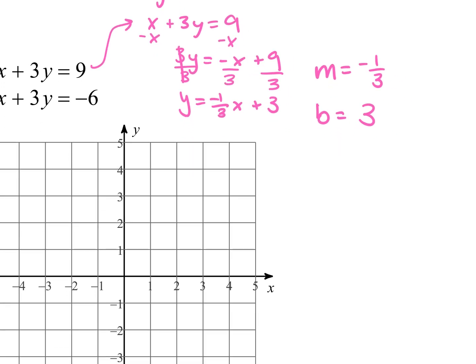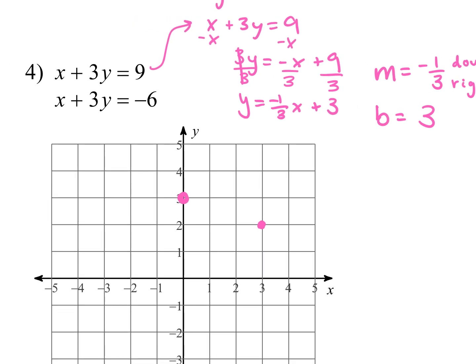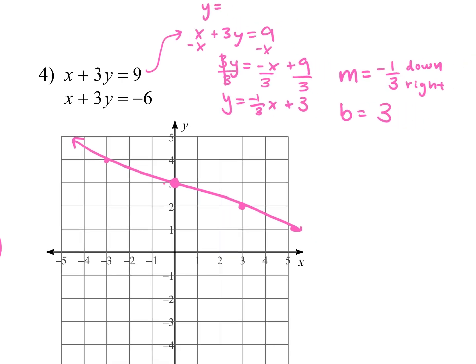So let's put our y-intercept first on our graph. Then how do we do the slope of -1/3? Go down 1 and to the right 3. So now we can connect our points. And let's do the second line.